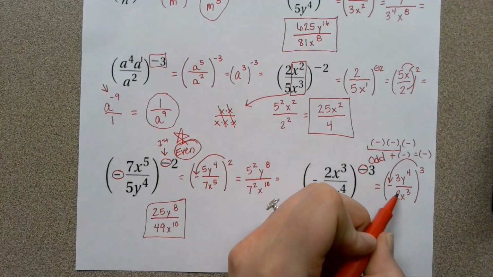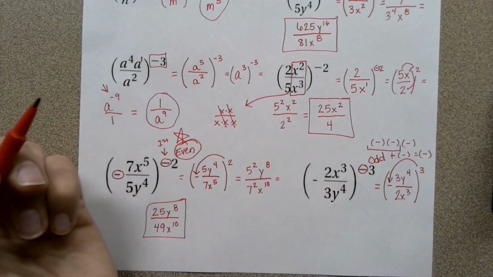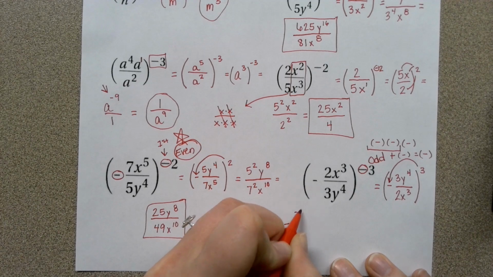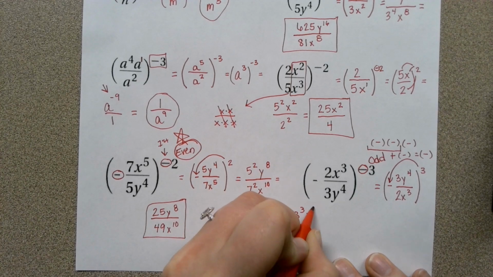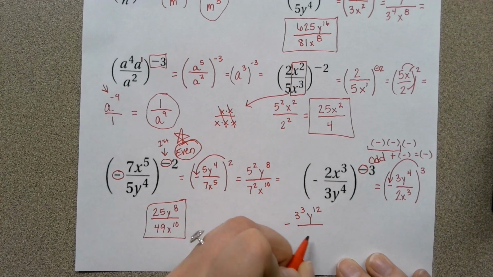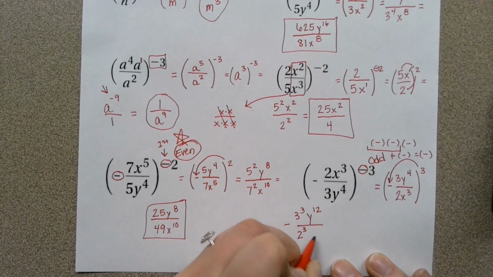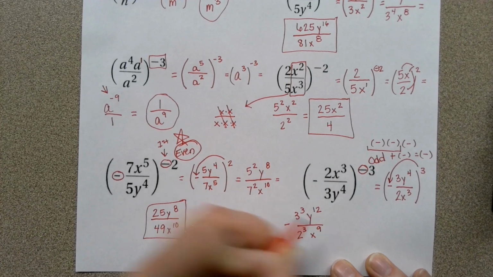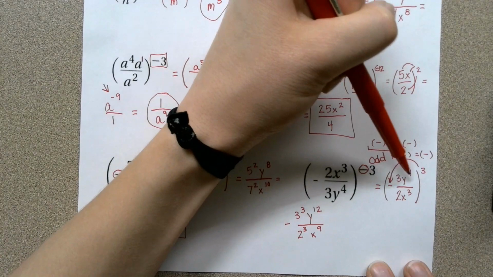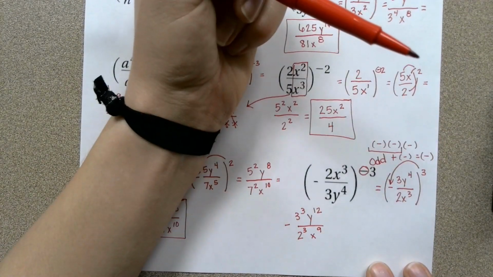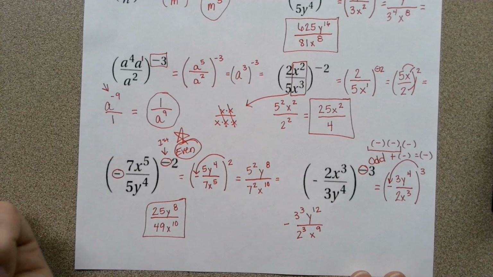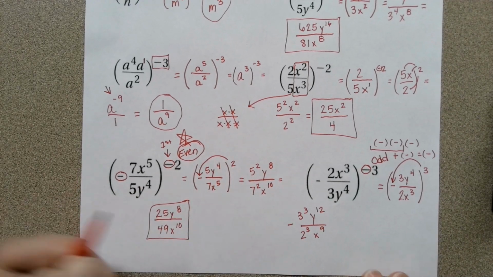So we know that this is still going to be a negative, giving us 3 to the third y to the 12th over 2 to the third x to the 9th. Because we just distributed the 3 to each part of our quotient, including our coefficients, we no longer need parentheses, but we do need this negative sign.